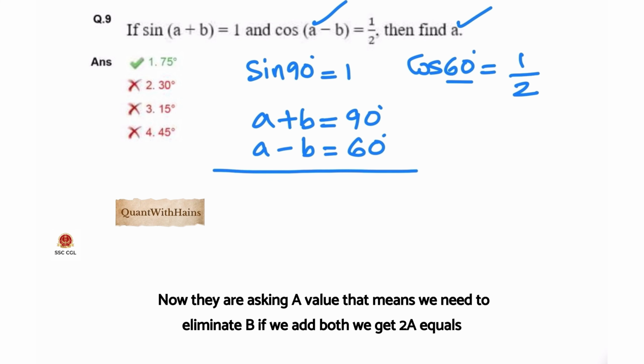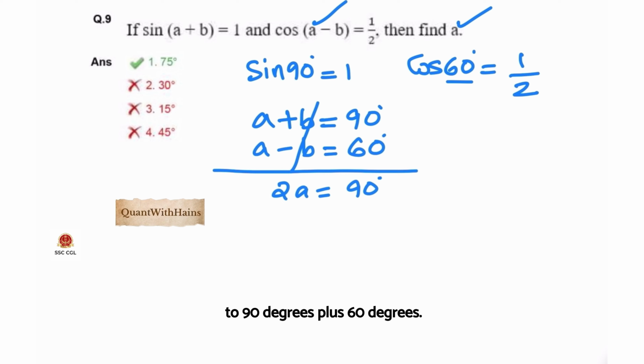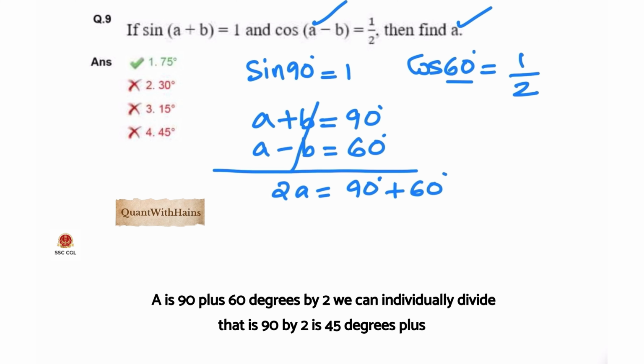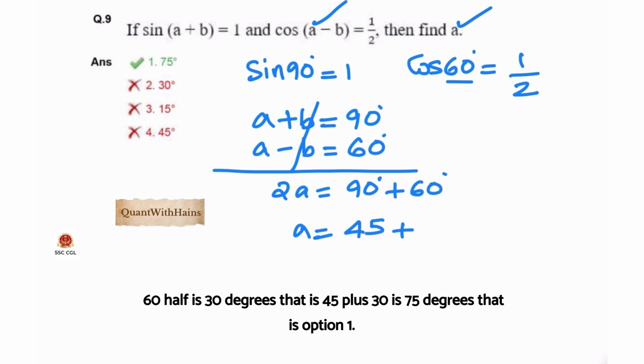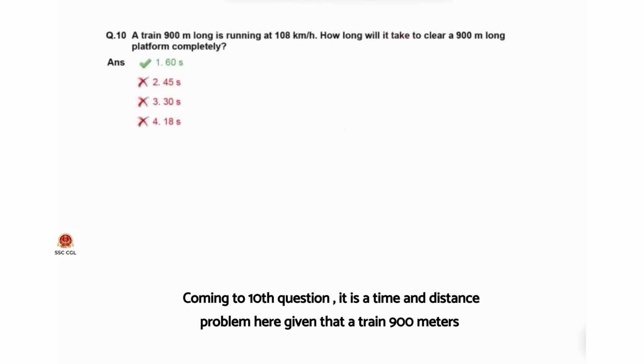Now they are asking the value of a, so we need to eliminate b. If we add both, we get 2a equals 90 degrees plus 60 degrees. So a is 90 plus 60 by 2; we can divide individually: 90 by 2 is 45 degrees plus 60 half is 30 degrees. That is 45 plus 30 is 75 degrees. That is option 1. Coming to the 10th question, it is a time and distance problem.